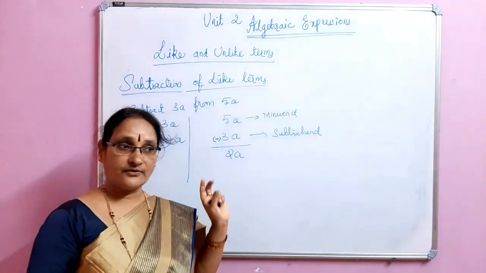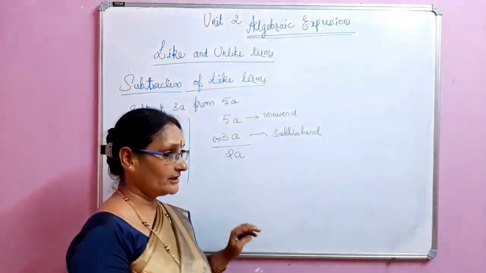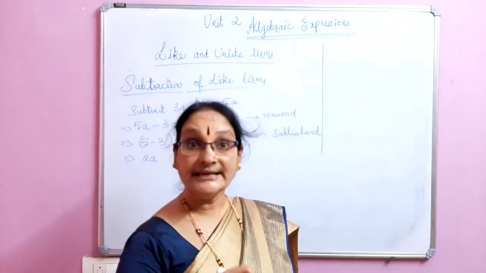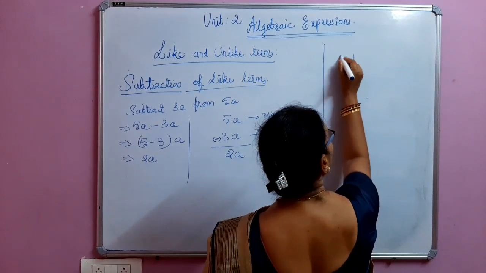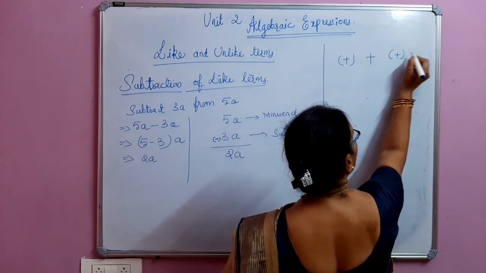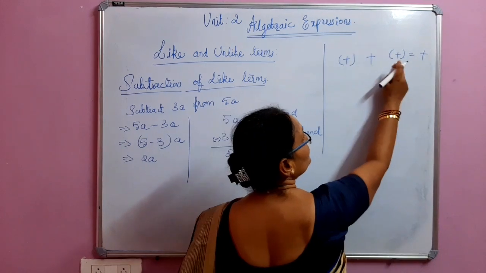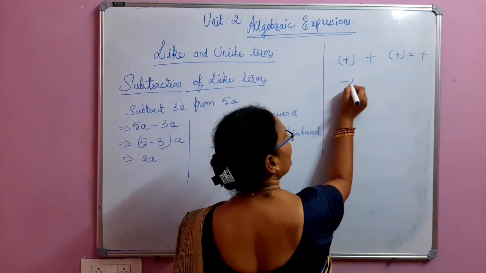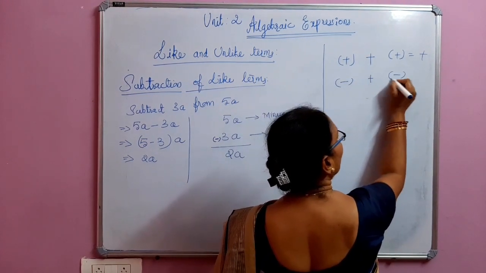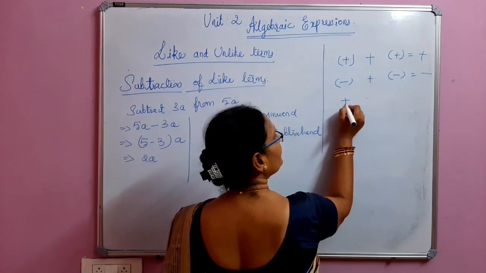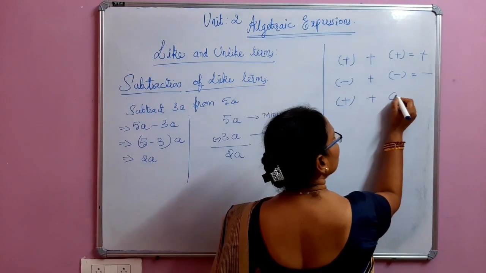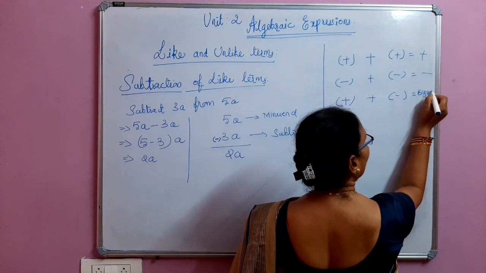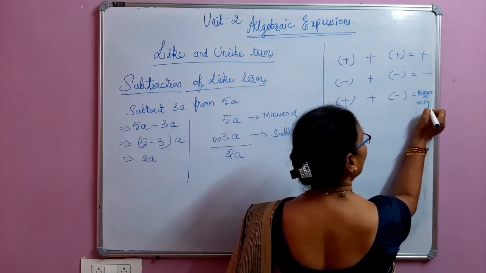And here one more thing for addition and subtraction I want to tell you, that is the sign rules. See here, plus plus is plus. When you add two positive numbers, addition of positive numbers is positive only. Addition of negative numbers is negative only. Then one plus, one minus, that is bigger number sign.